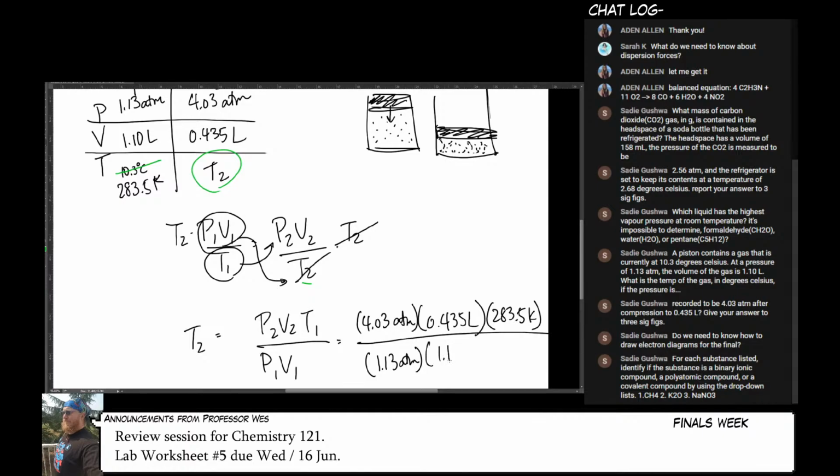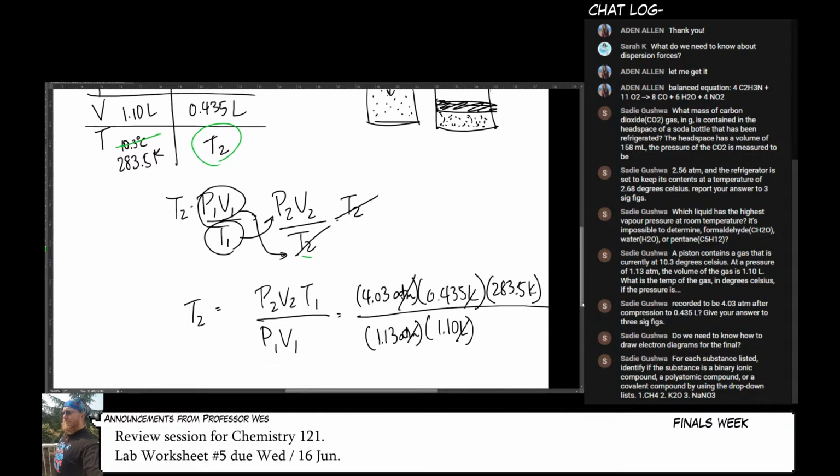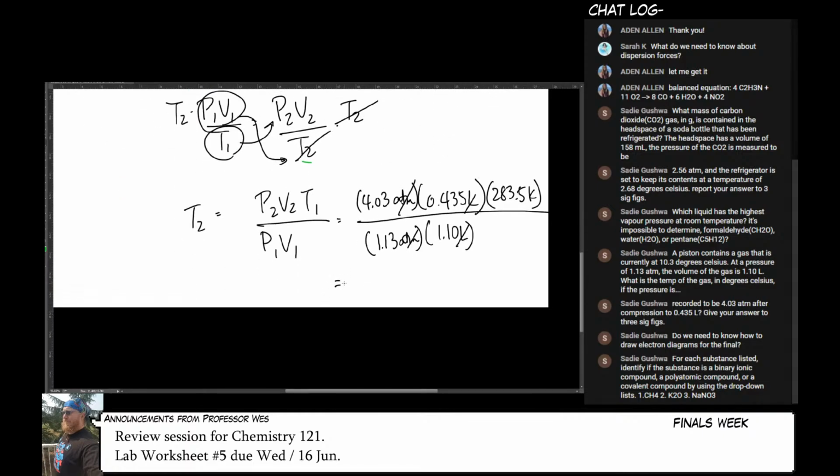Volume initial 1.10 liters. All the units cancel out. And when I'm done doing that, I punch it all in my calculator, and what do I get? I got 399.8 Kelvin.